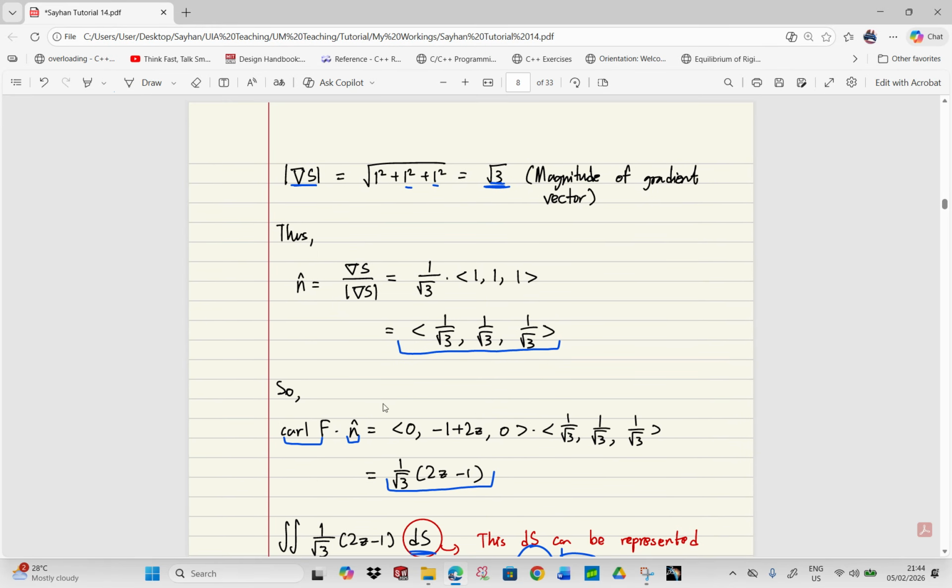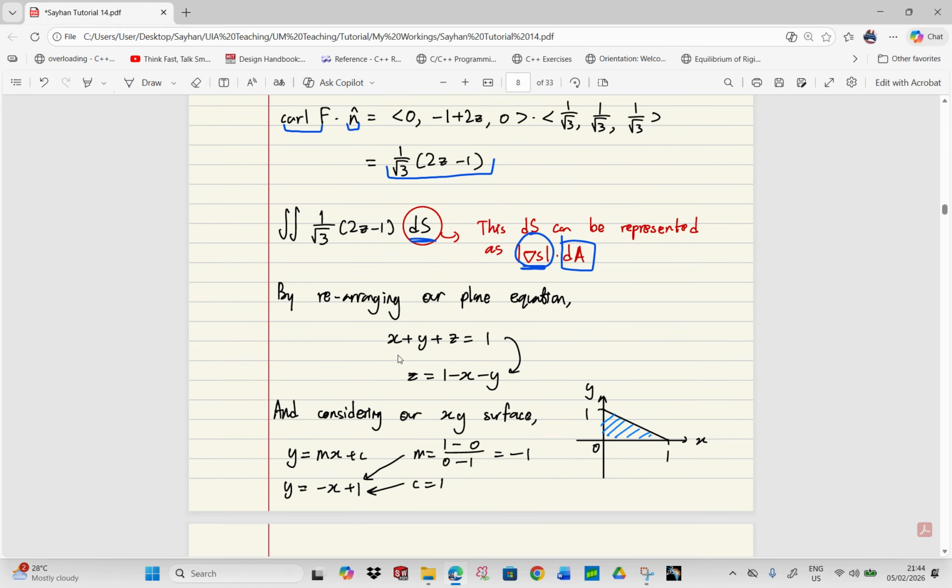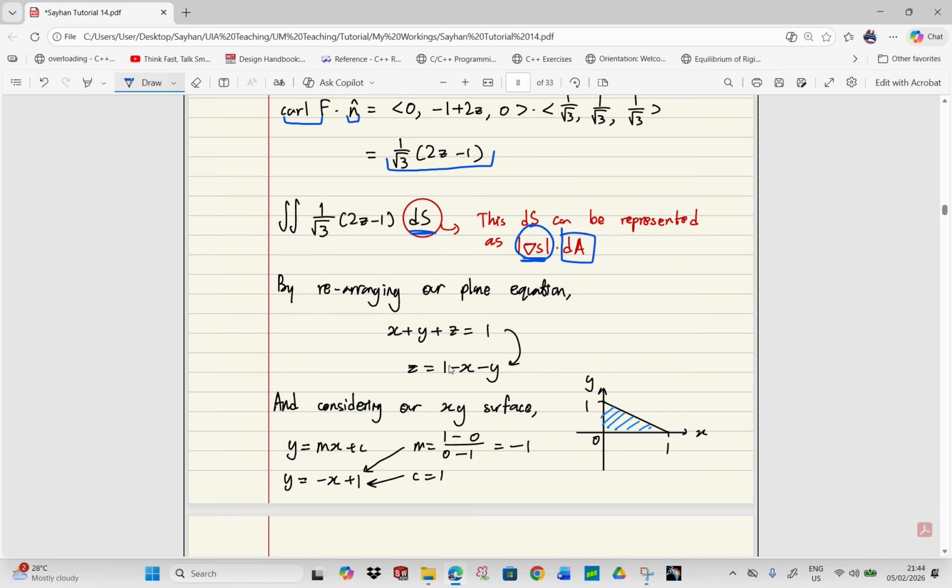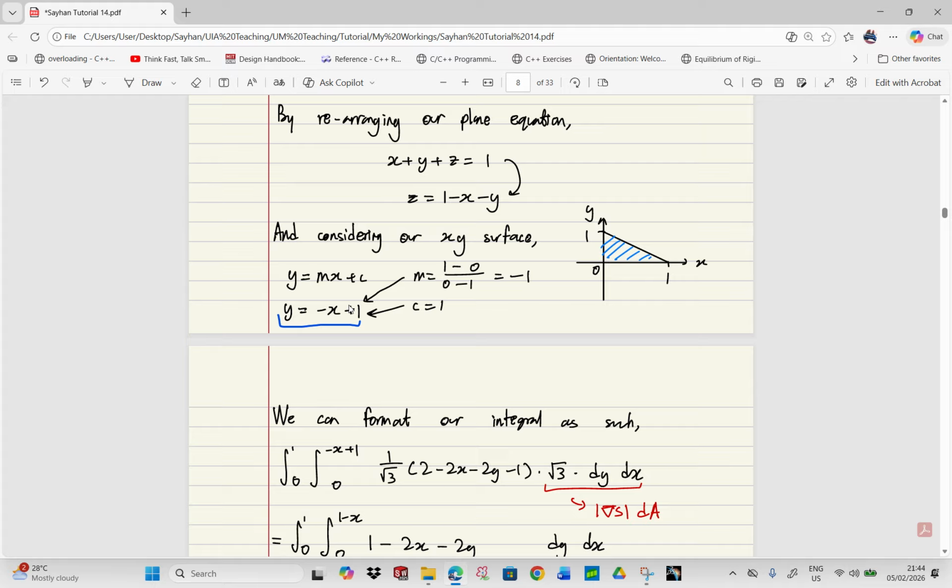I also rearranged our plane equation a little bit, so this is our z, negative x plus 1. I found the magnitude of the gradient vector times dA to replace it. So this becomes dy dx or dx dy, and the square root 3 and square root 3 of course cancel out, becoming 1.